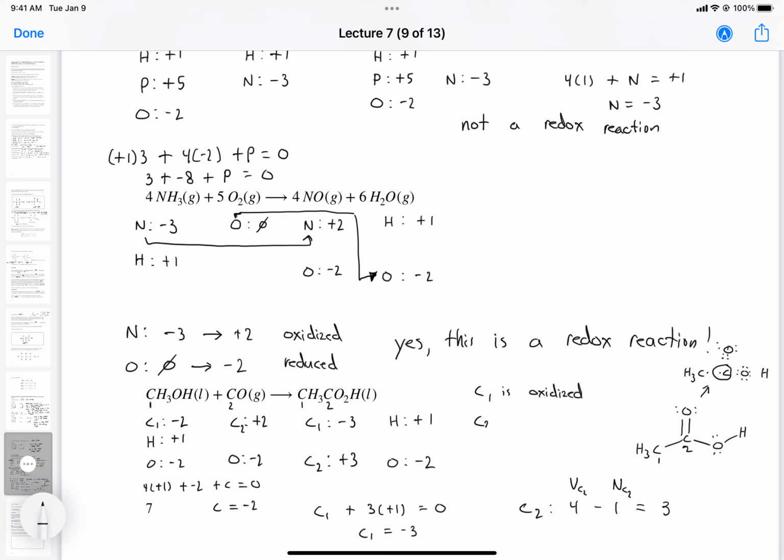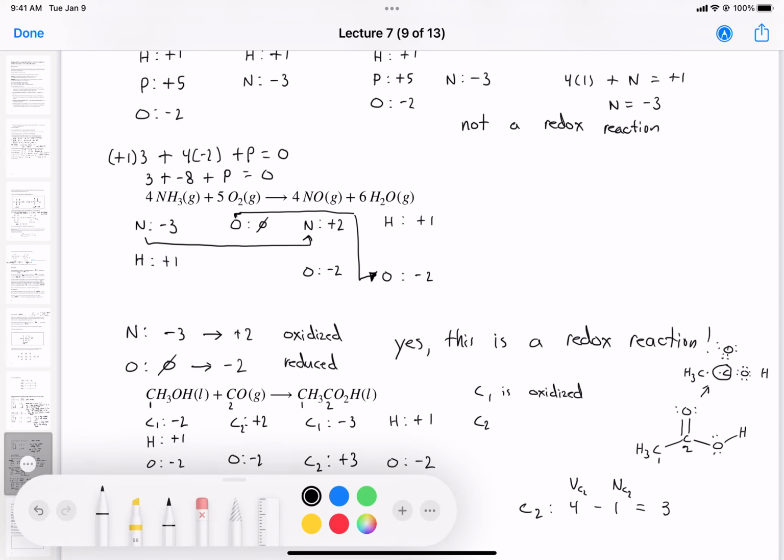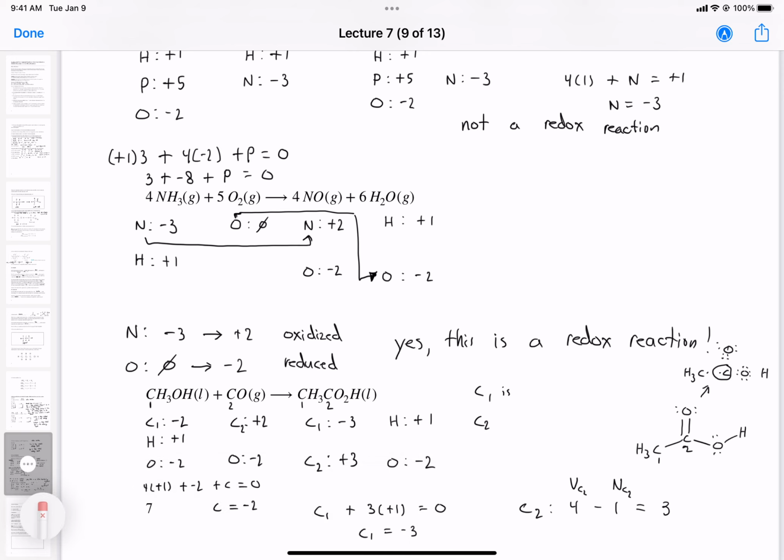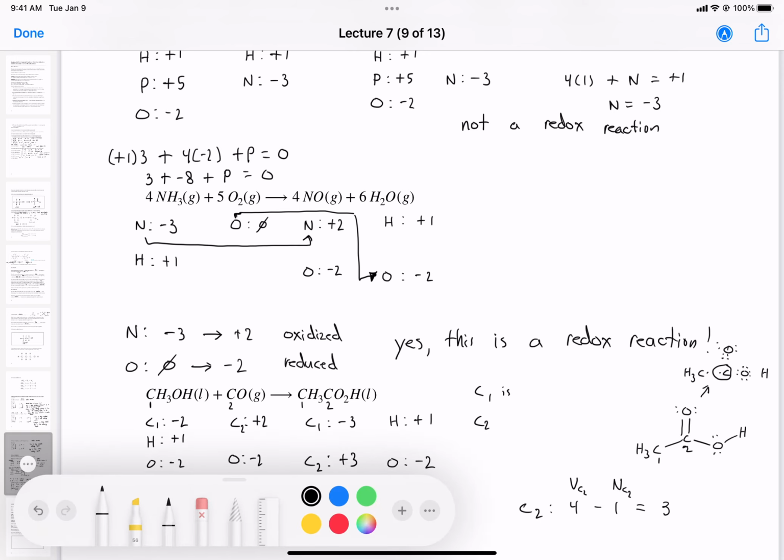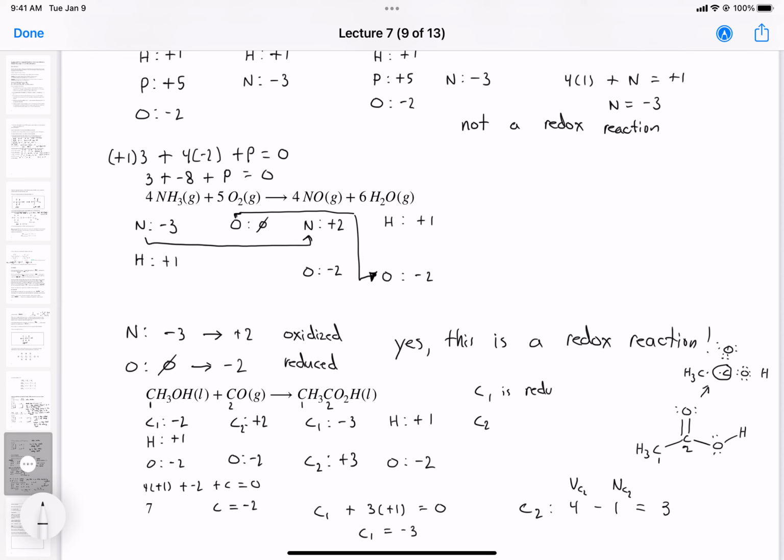And then carbon 2, we see it's going from +2. So no, carbon 1 is reduced. Sorry, it should say reduced, because it's getting lower in oxidation state. And then carbon 2 here is going from +2 to +3. So you see right here, +2 to +3. Carbon 2 is oxidized.